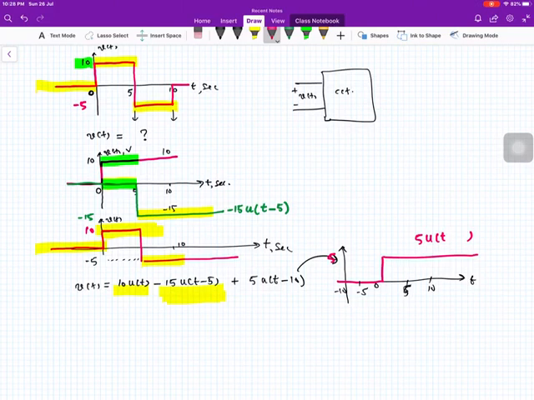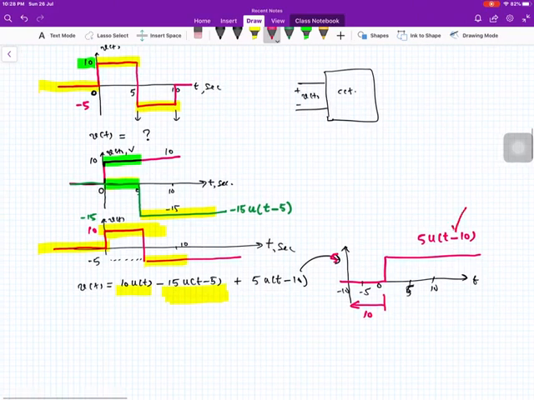which is now shifted, will be represented by t minus 10, as it has been shifted towards negative side by an amount 10 seconds.